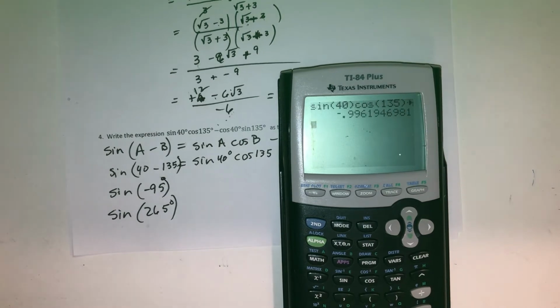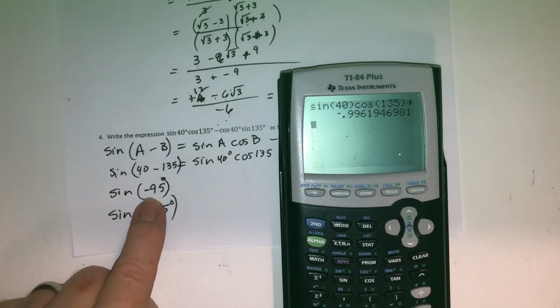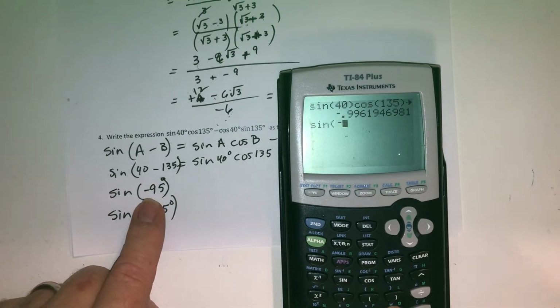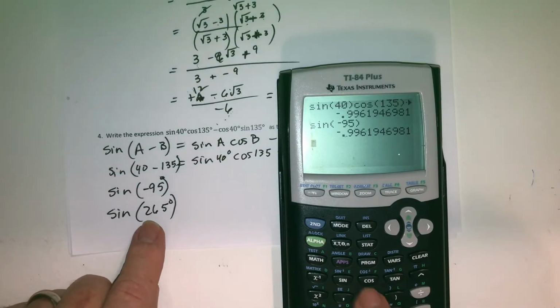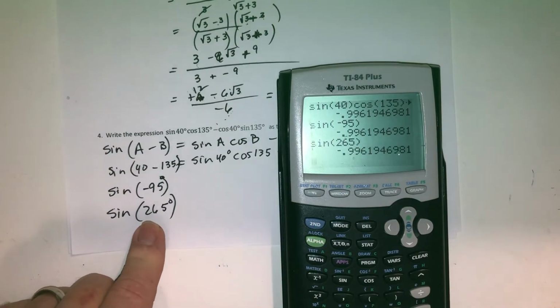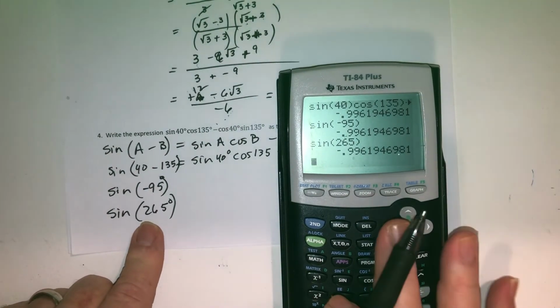You will get that quantity right there. Well, that should be the same thing as the sine of negative 95 degrees, if we've done everything correctly. And as you can see, it is. But it should also be the same thing as the sine of 265 degrees. And I'm sure you can see using your calculator that it is as well.